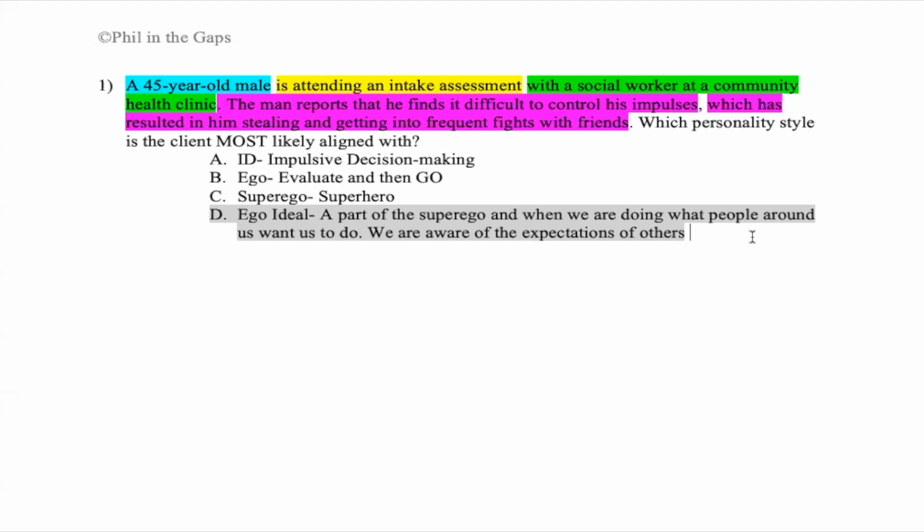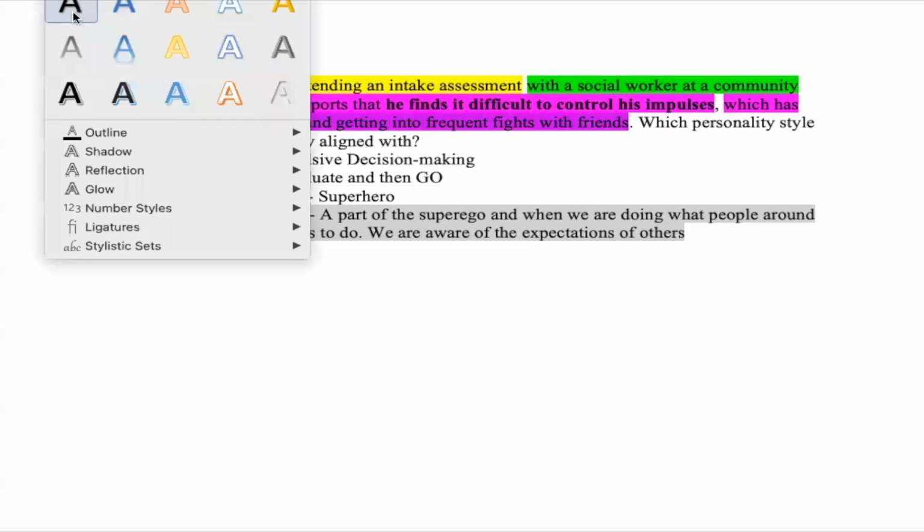So now if we have to think about it, the id is going to be the devil on the shoulder. That's like, come on, man, it's not that big of a deal. The ego is the character or person in the middle that's trying to identify what they should do in between the id, impulsive decision making, or the angel, the superego, in deciding where to go. So for that reason, we have a client that finds it difficult to control his impulses and he's stealing and getting into fights with friends.